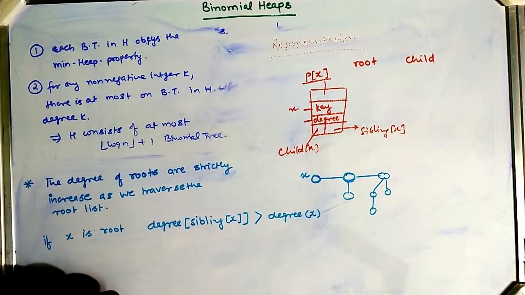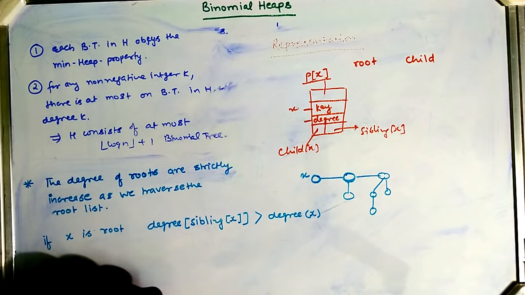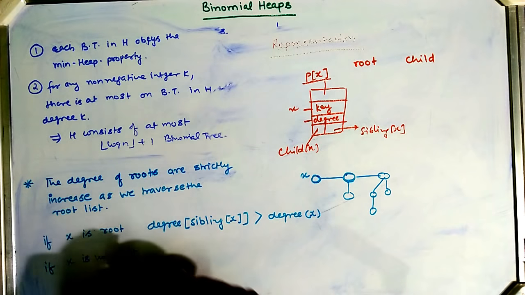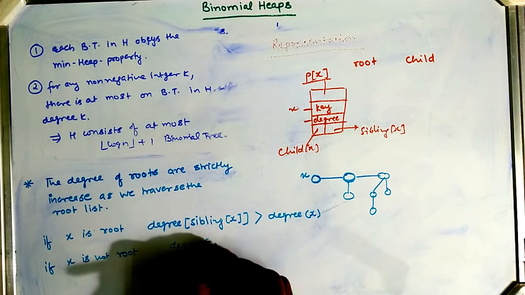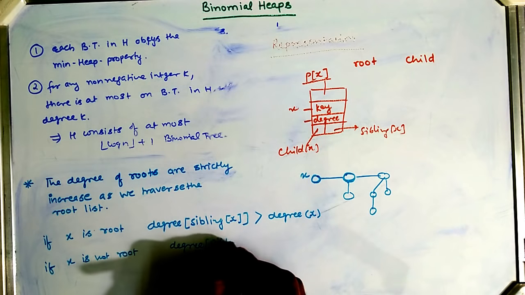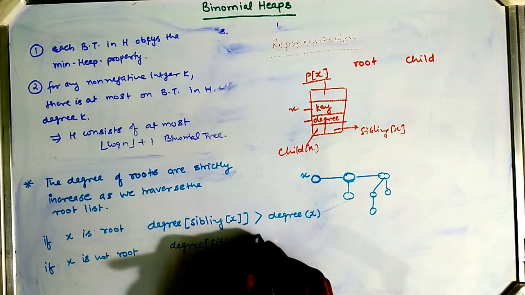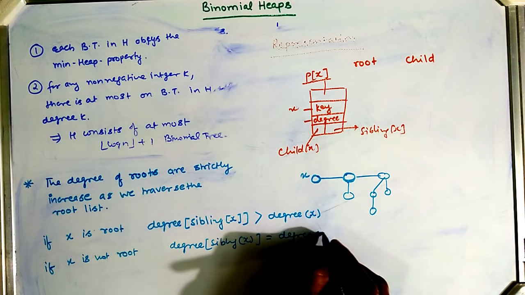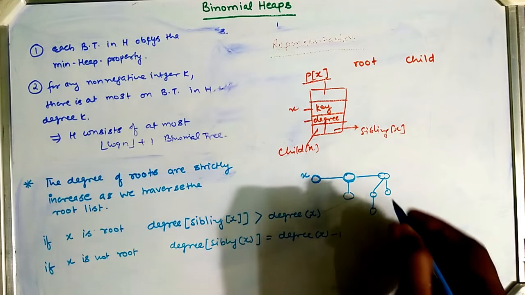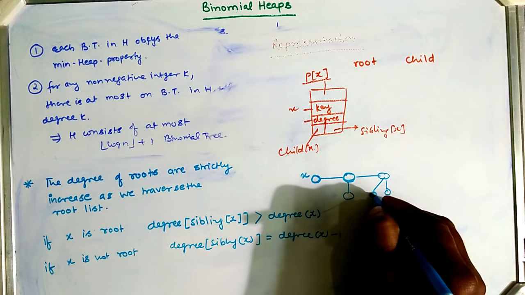And if x is not a root, then I can say that the degree of the sibling of x is equal to the degree of x minus 1. Suppose x is not a root, meaning x is a child.